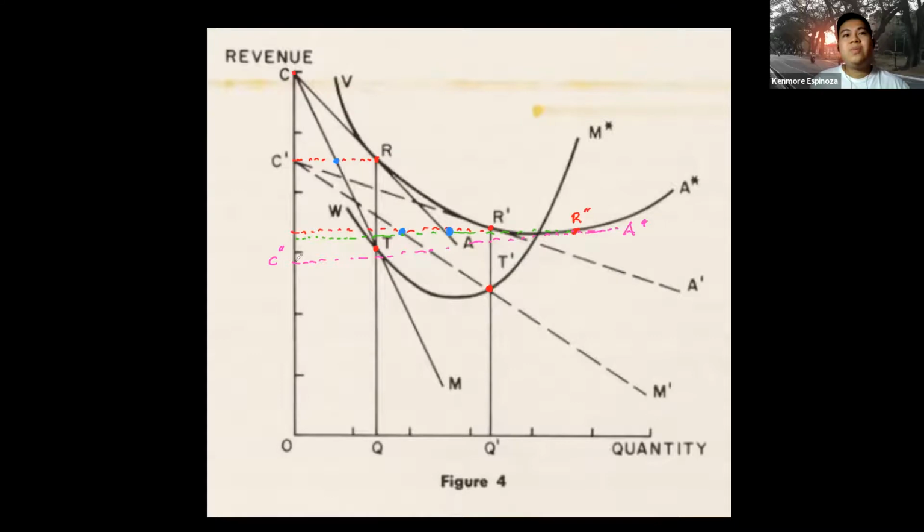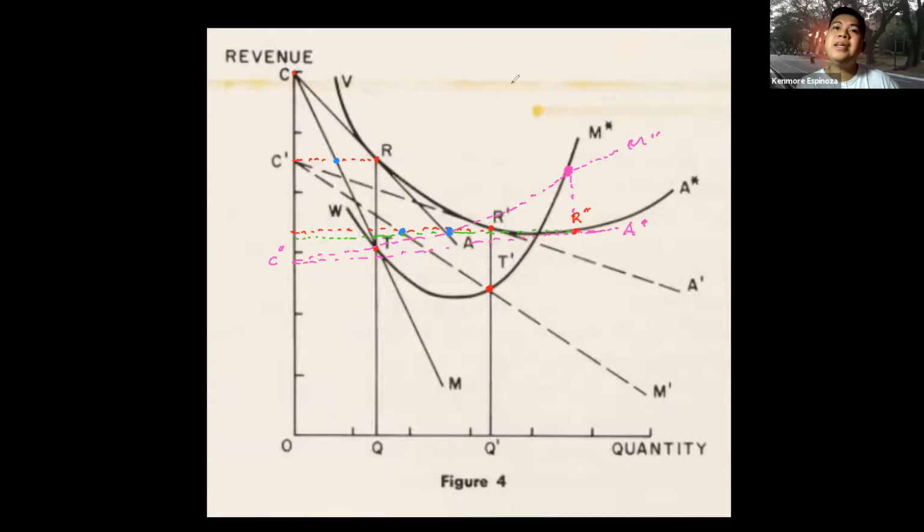Let's make it clear. Let this be M double prime. Now the marginal point corresponding to R double prime is, it's not quite straight, but let's assume that this is straight, so at this point.